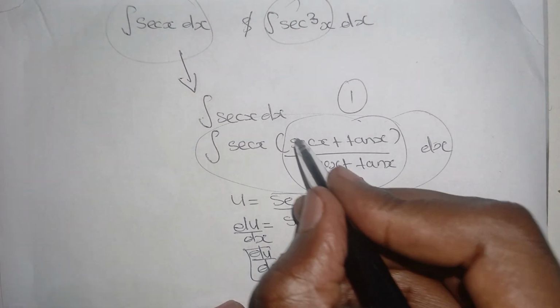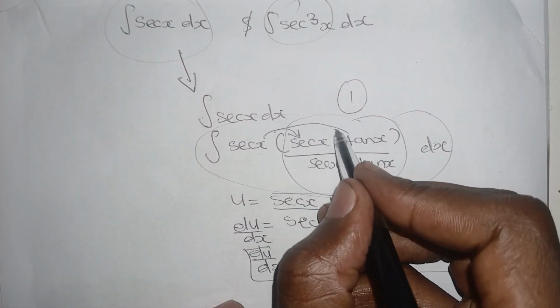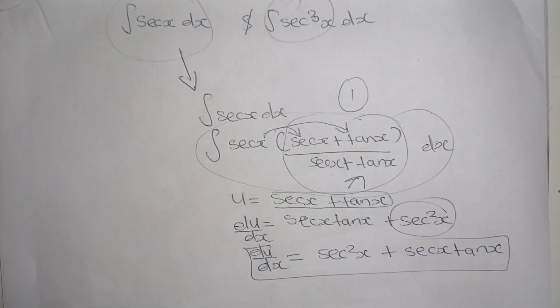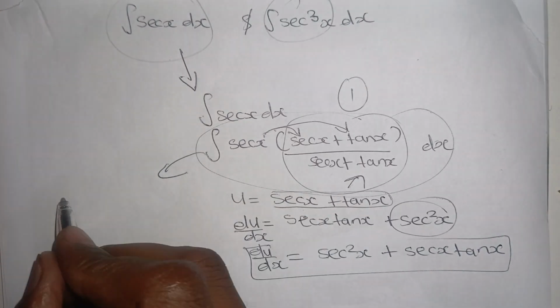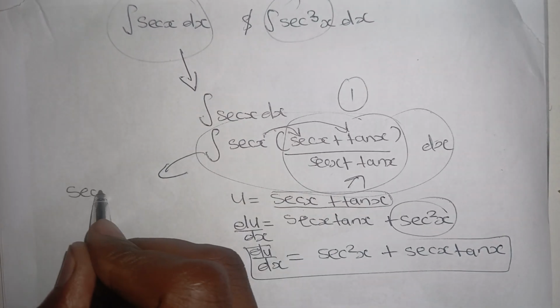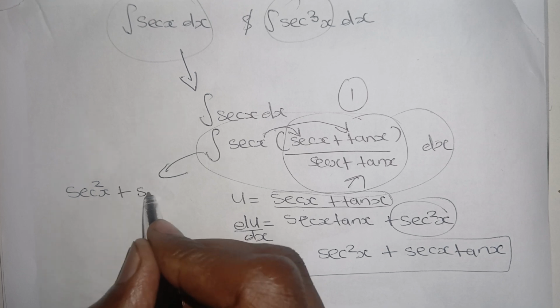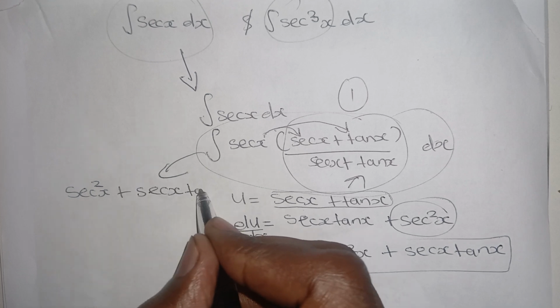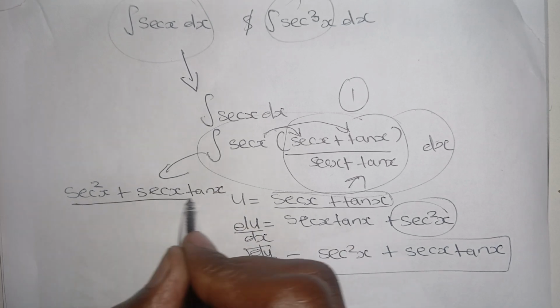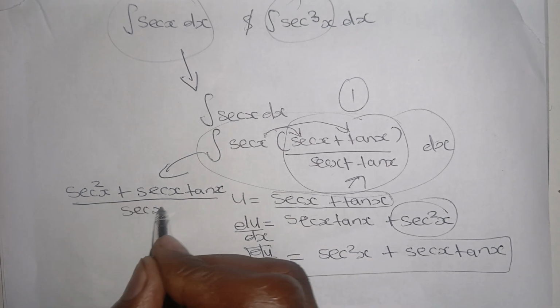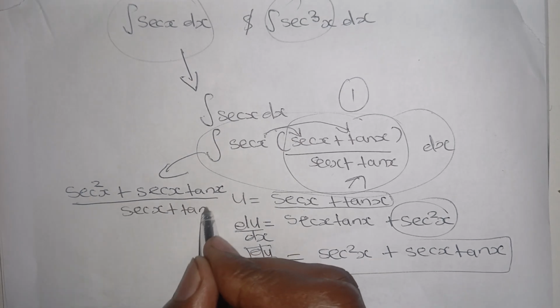So now we can just distribute this. We can just expand this. Now we can just say sec square x plus sec x tan x divide by sec x plus tan x.